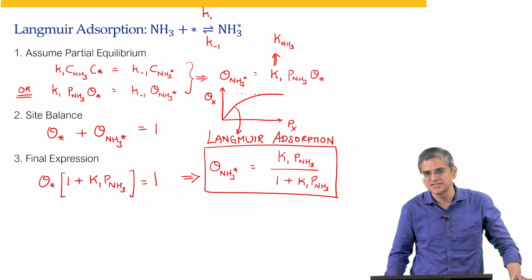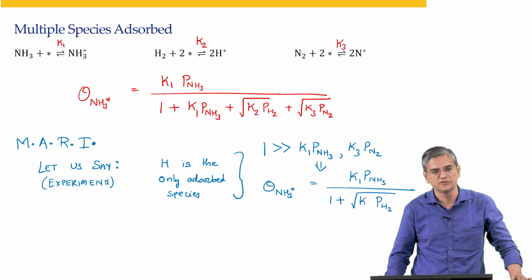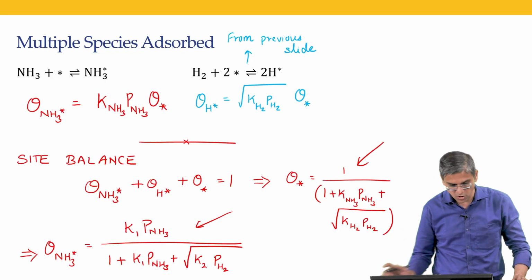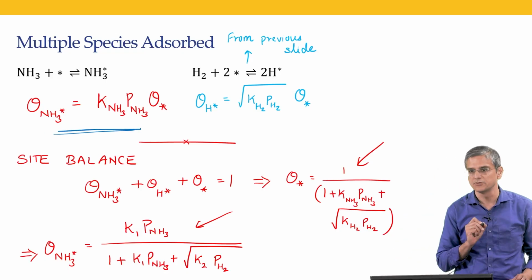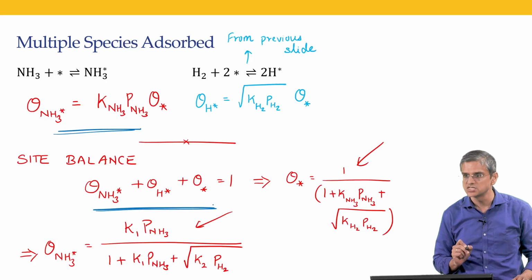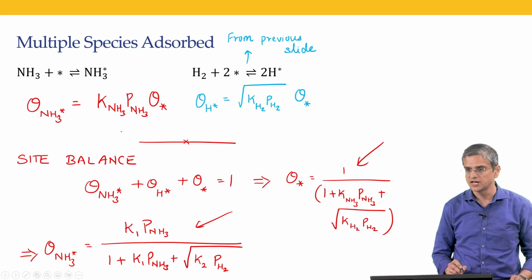So, pseudo steady state and partial equilibrium are 2 approximations, and the third approximation that I have introduced right now is most abundant reactive intermediate. Most abundant reactive intermediate does not feature into this equation. The most abundant reactive intermediate features into this equation. That is why it goes into the denominator and not in the numerator.